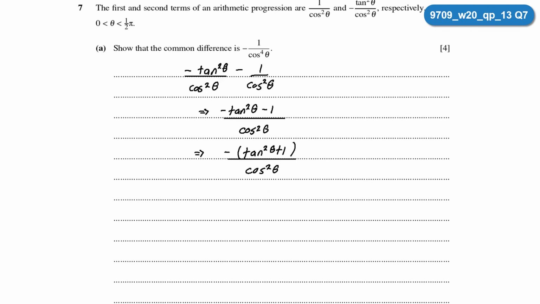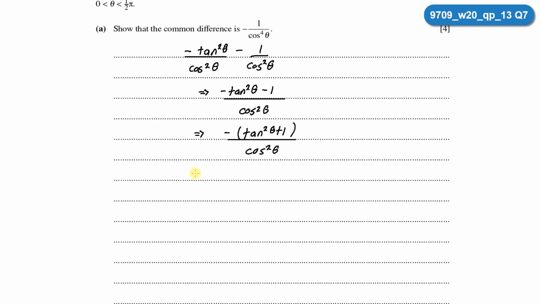Now we know from our identities that tan squared theta plus 1 is the same as sec squared theta. So we have minus sec squared theta divided by cos squared theta.